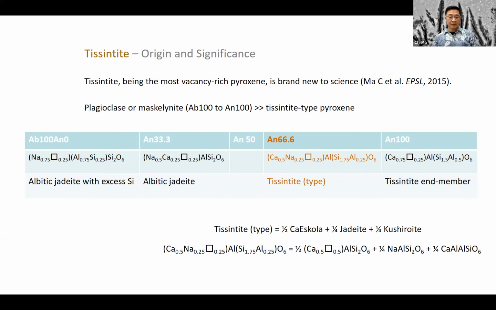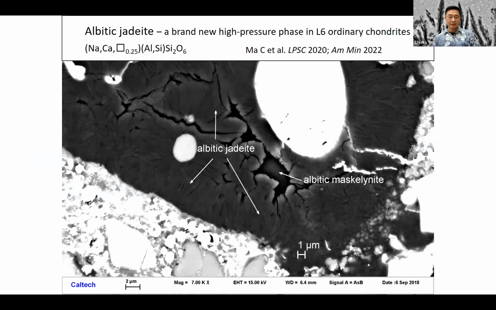I actually found this phase just several years ago in several ordinary chondrites. So here is an example. Here is a general formula for albitic jadeites with excess silicon in the alumina site. Here is one case showing the albitic jadeite.